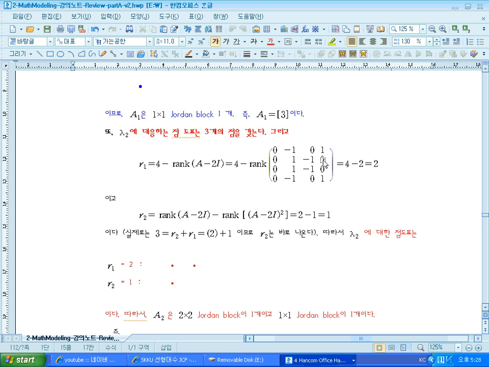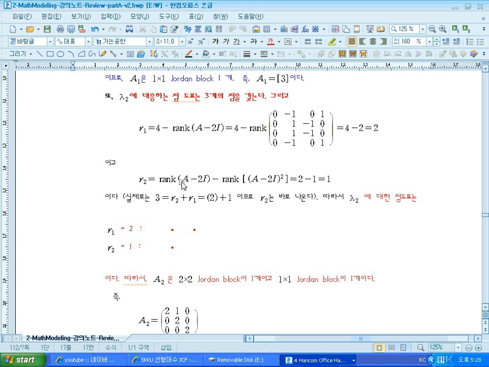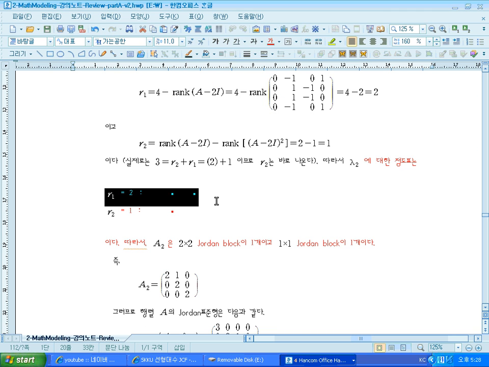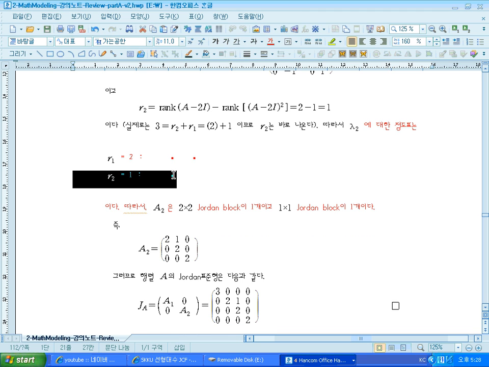The difference between the size of the matrix and the rank of A minus 2I gives us R1, and the rank of A minus 2I minus the rank of the square of A minus 2I gives us R2. That gives R1 as 2 points and R2 as 1 point, which gives one 2 by 2 block and one 1 by 1 Jordan block.